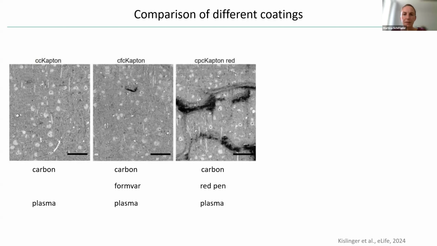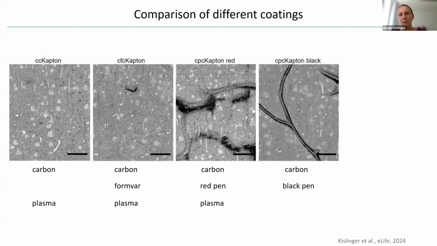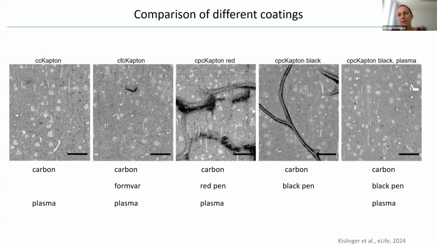The other thing we tried was a marker pen with red color, and there we also had huge problems with charging. We also tried a black marker without plasma treatment, but black marker with plasma treatment works very well in our hands.